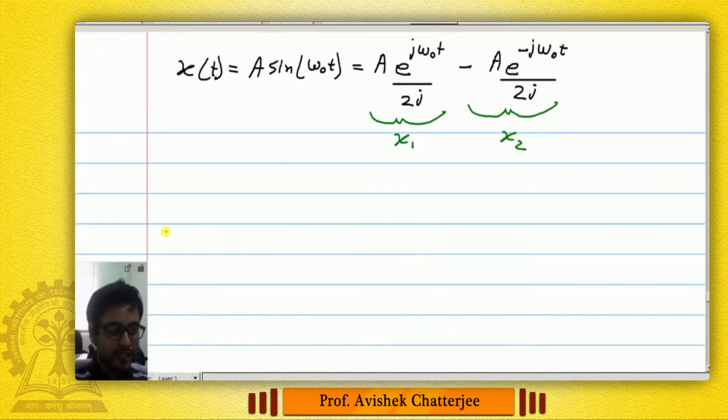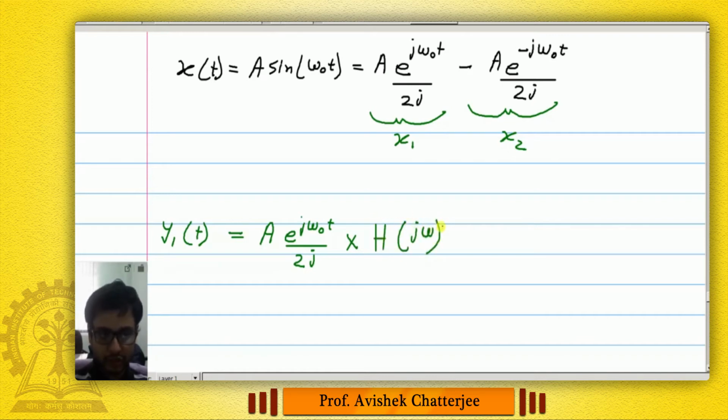Then what will be the output y1 corresponding to the input x1? That will be this input, a e to the power j omega naught t divided by 2j, multiplied with a constant. And what is that constant? That is the Fourier transform of the impulse response evaluated at omega equal to omega naught.